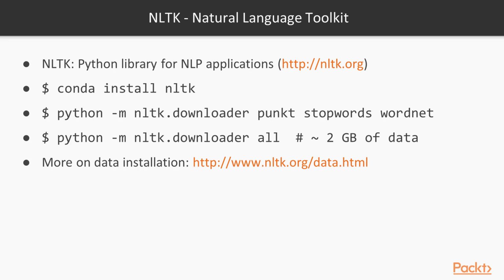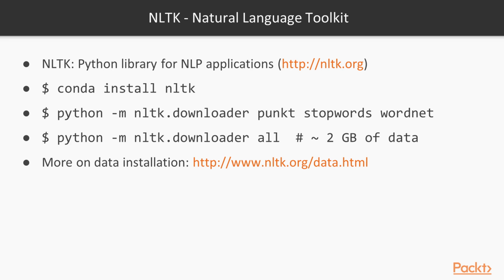Some of the packages that we'll need for this section are punkt for tokenization, stopwords to get a list of English stopwords, and wordnet, a lexical resource to perform some of the text normalization steps. You could also use the alias all to install all the packages, and this will download about 2 GB of data. So if disk space is not a problem, you could also go in that direction.